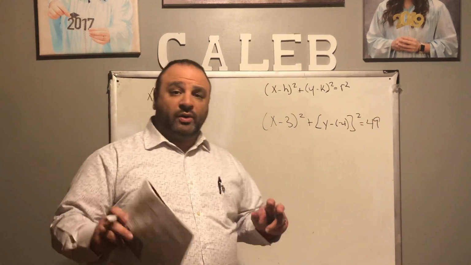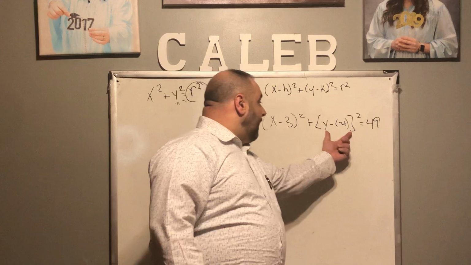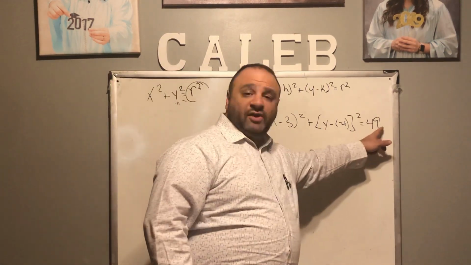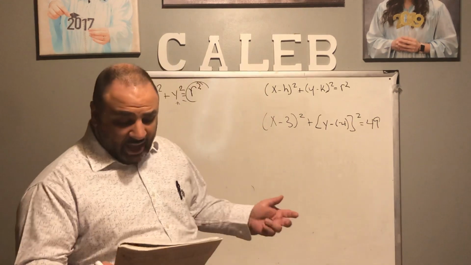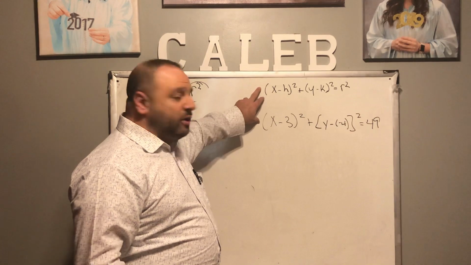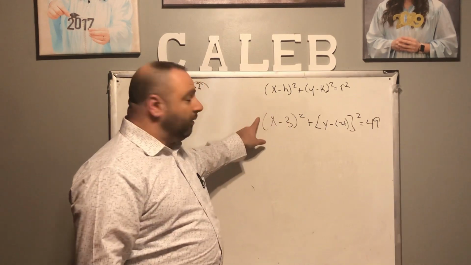Now what we're going to do here, class, is take each element of the equation and solve for each element of the equation. So how do we do that? For example, as we're looking at these two equations, notice they're in the same form.